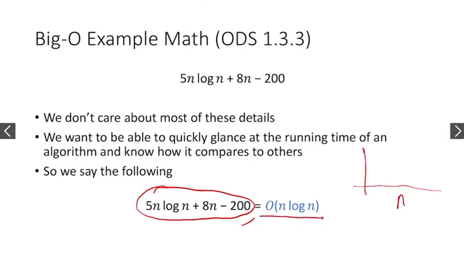Instead of saying equals, we don't really say equals when we're talking about asymptotic complexity. We say belongs to, or another way to say it is, 5n log n plus 8n minus 200 is big O of n log n. So those are two ways of saying what that equation is really meaning.